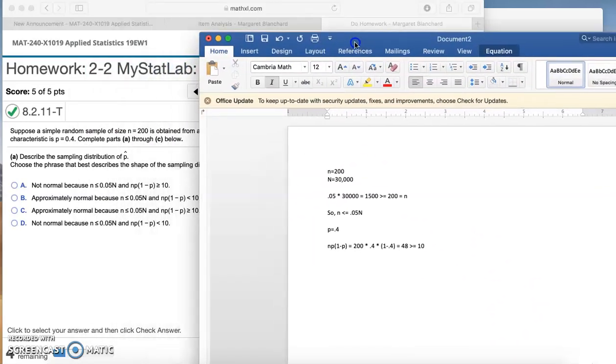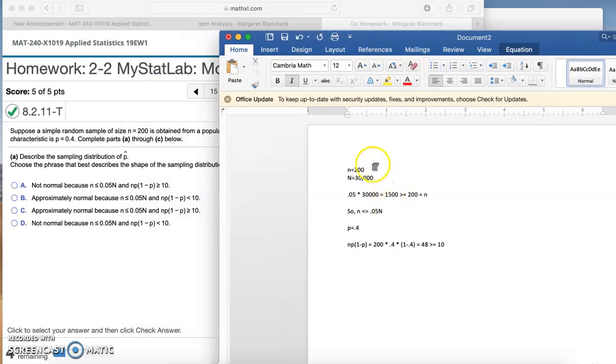Here I've already typed in the numbers to help us. So here we were given a sample size of 200, a population size of 30,000. So first we need to multiply 0.05 times 30,000. And there we get 1,500, which is greater than or equal to 200, which is our sample size. So we know that n is less than or equal to 0.05 times N. Next, we need to look at np times 1 minus p.